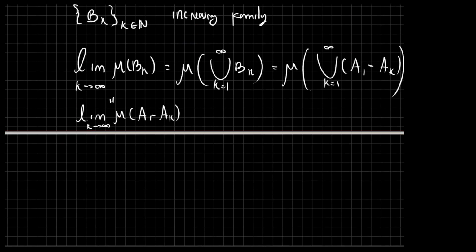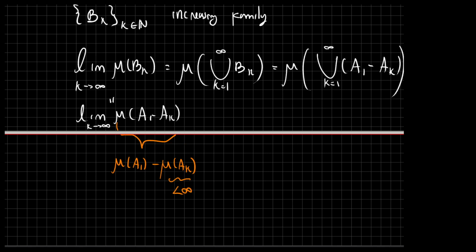So now, part of the hypothesis was that the measure of A1 was finite, so every measure is finite. If every measure is finite, then this measure here is equal to the measure of A1 minus the measure of Ak, because this equality holds whenever this is finite.